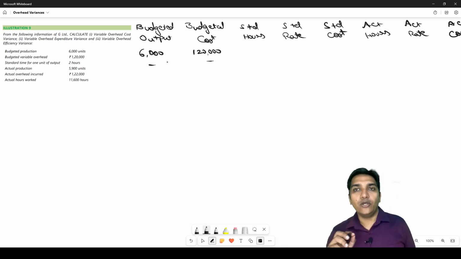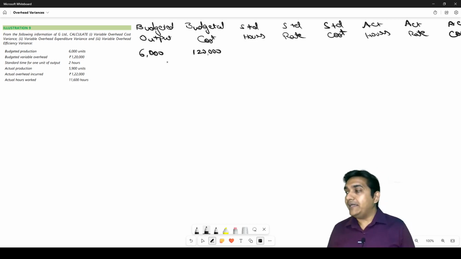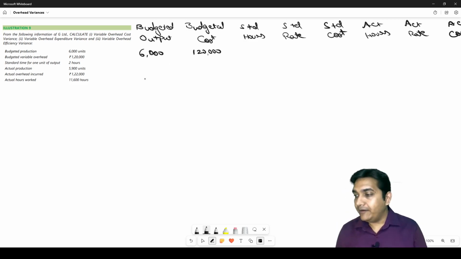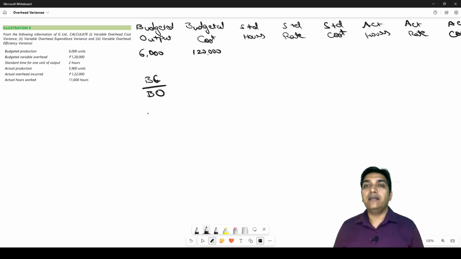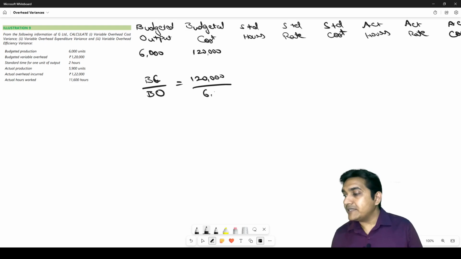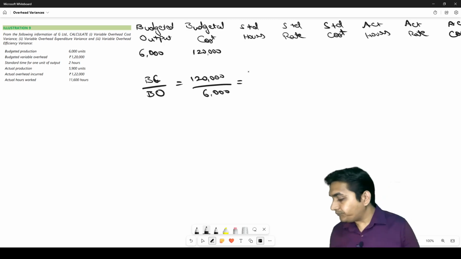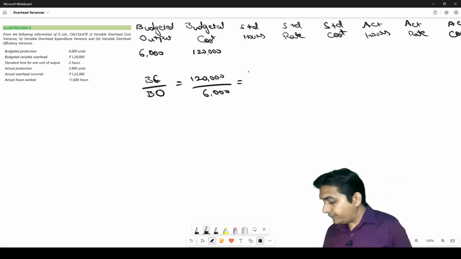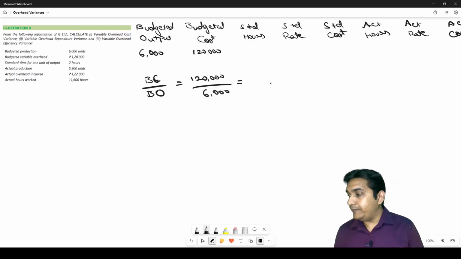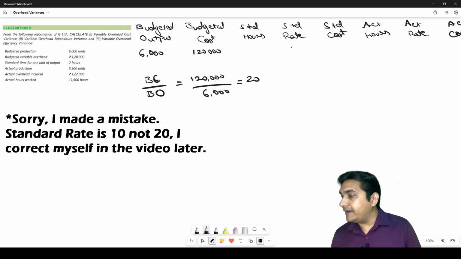So how we calculate standard rate is we take our budgeted cost divided by budgeted output, which is 1,20,000 divided by 6,000, which comes to 20. Right? So this is my standard rate.